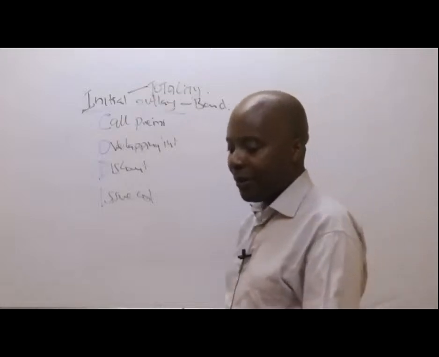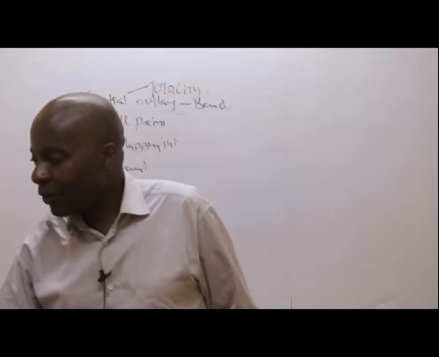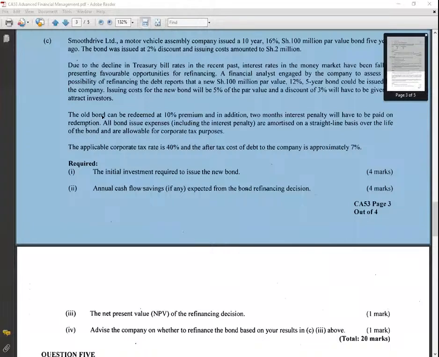So call premium, ladies and gentlemen, they have given us the percentage. They have told us the old bond can be redeemed at 10% premium. So the owners of the old bond will tell you, hey, you want to cancel our bond? No problem. Give us something on top of the par value.